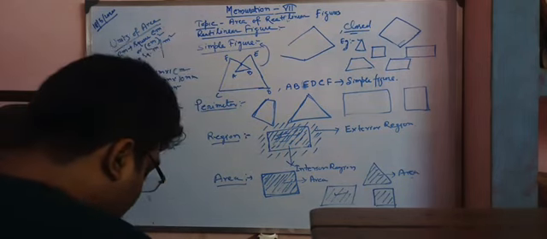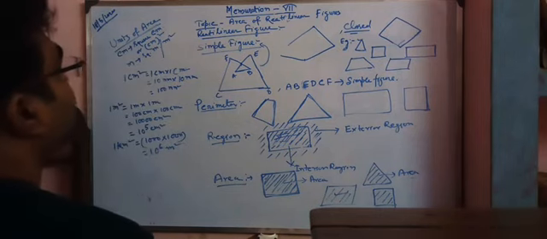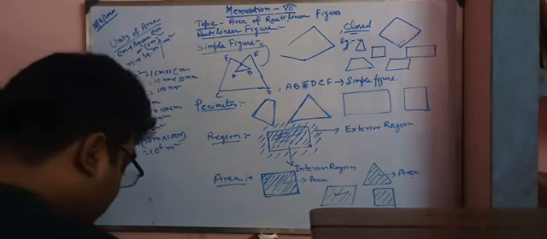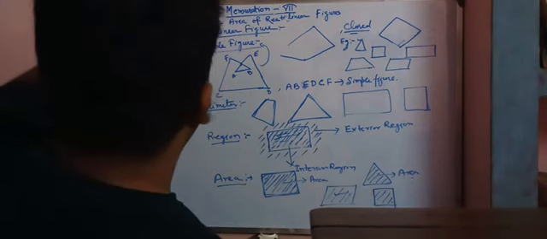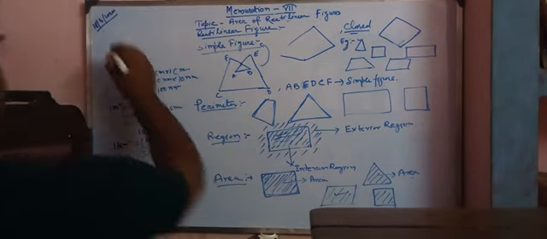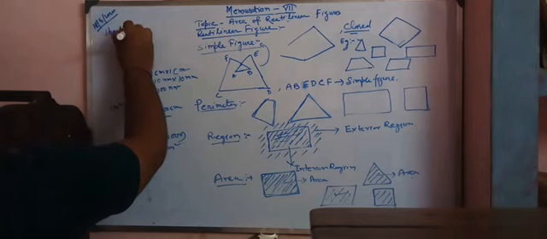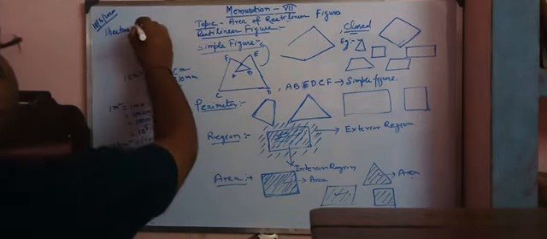Now we have to know another unit of area, that is hectare. We have to know that 1 hectare is equal to 10,000 meter square.